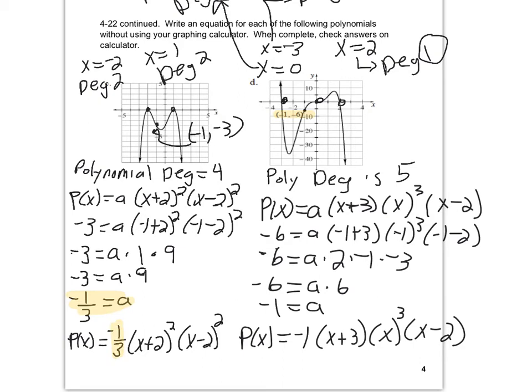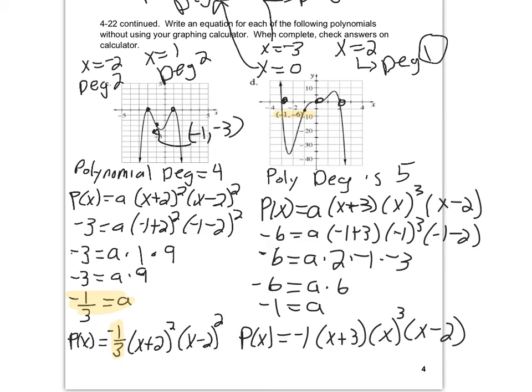So my polynomial P of x equals negative 1/3 times x plus 2 squared times x minus 2 squared. In part D, the polynomial's degree is 5 as we had mentioned, because the x plus 3 occurs as a factor once, the x minus 2 occurs as a factor once, and x occurs as a factor 3 times.